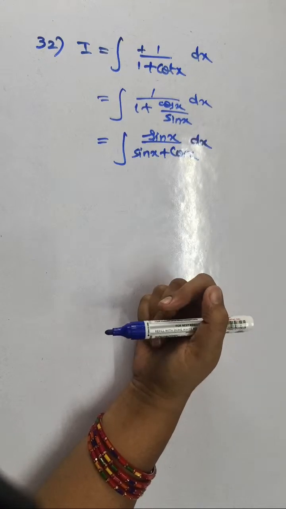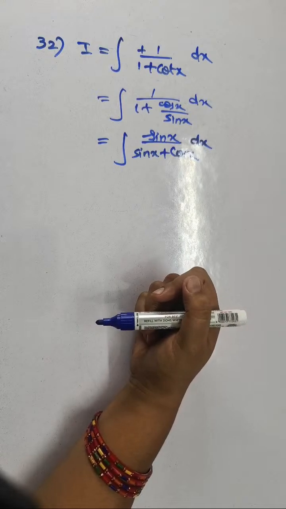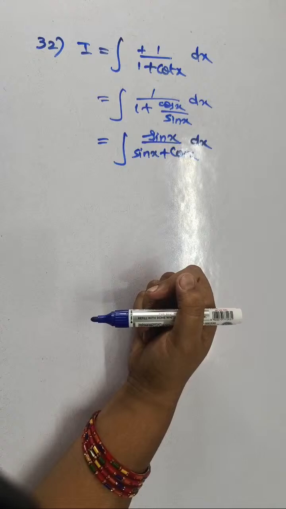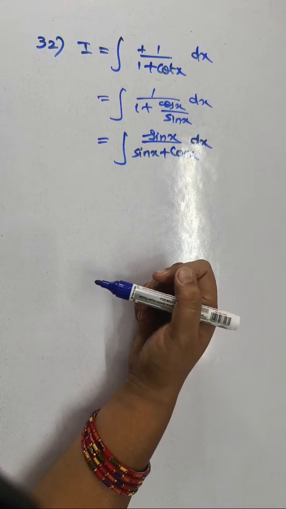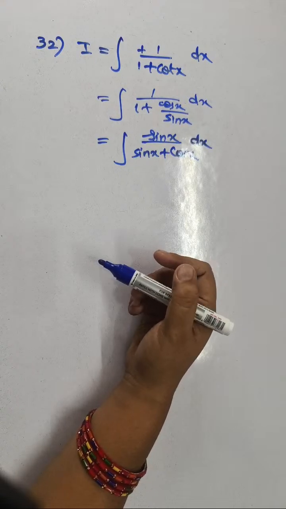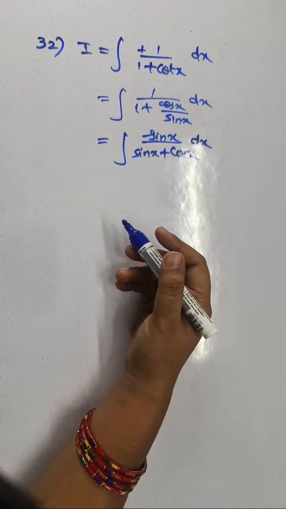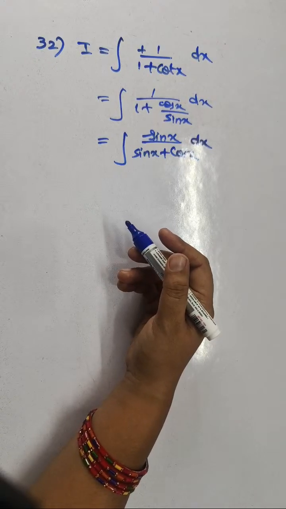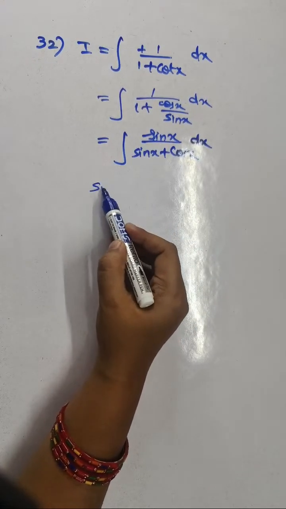Okay, so what are we going to do? How can we simplify this question? What can we do? If you straight away add and subtract cos x, very good Shantini, you will be left with one cos x.